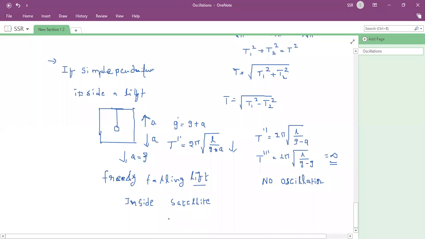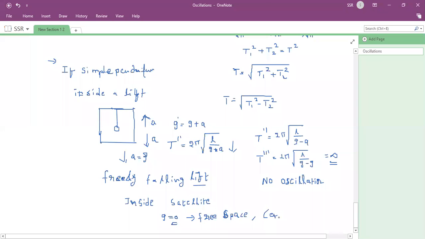Or else where g is 0, effectively a freely falling lift inside a satellite, and free space outside Earth. There also the pendulum will not move. And at the center of the Earth, can you guess? At the center of Earth, no movement.